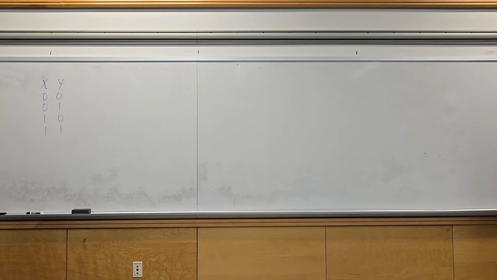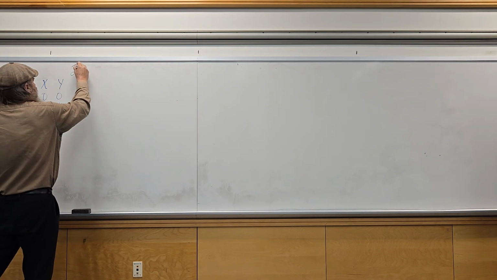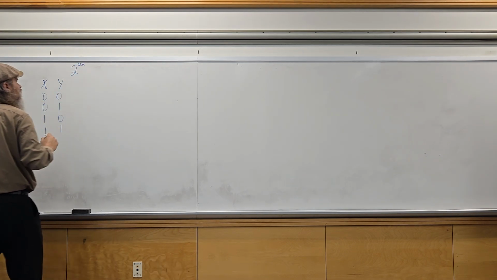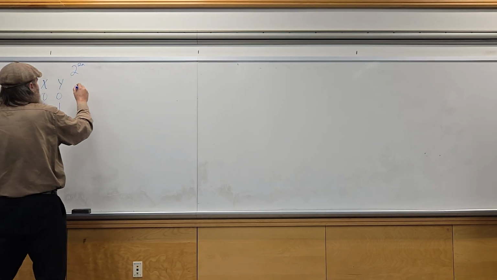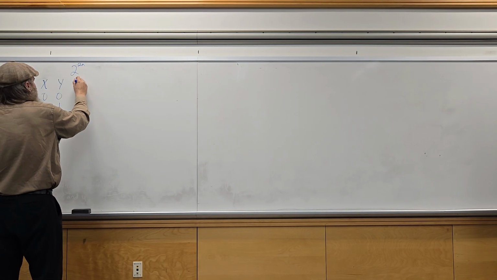Okay. When you have n binary variables, you can have 2 to the 2n functions with those variables. So in this case, we'll have 16.